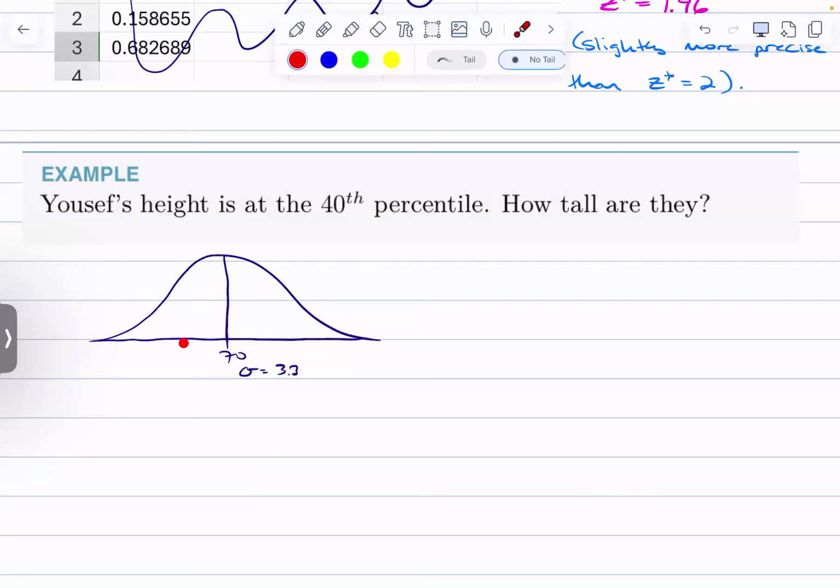I know for sure he's going to be below the mean, because at the mean, that's the 50th percentile. So he has to be somewhere below the mean. Let's draw that. I'm going to try to find this height, so I put a little question mark there saying that's what I'm looking for. And I'm going to force this area to be 0.40.